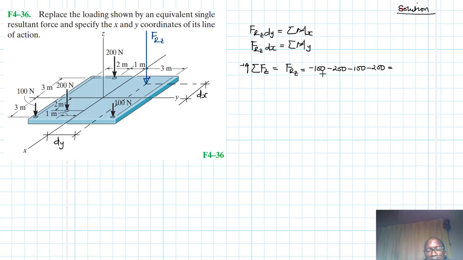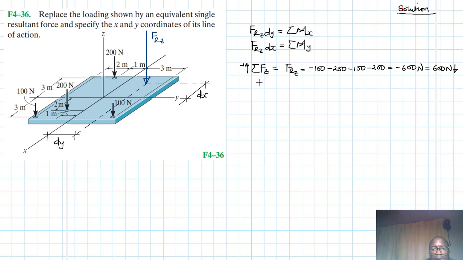So when we sum up these 100, 100, 200, 200, this gives us 600 newtons. Writing it the other way, we can write this as 600 newtons with an arrow pointing down.